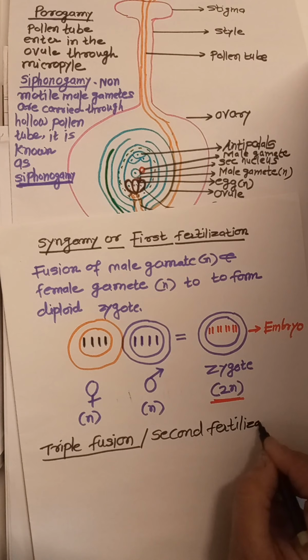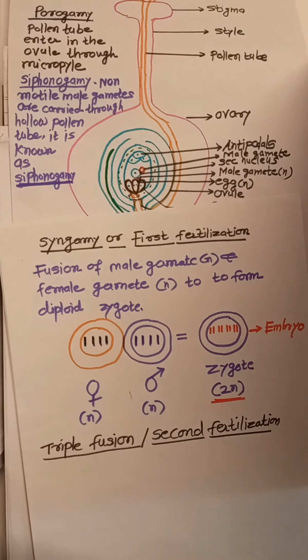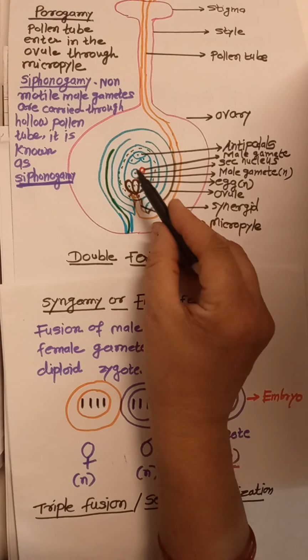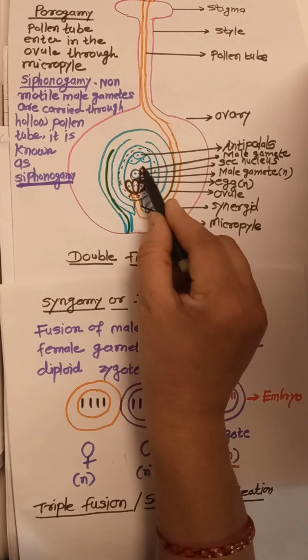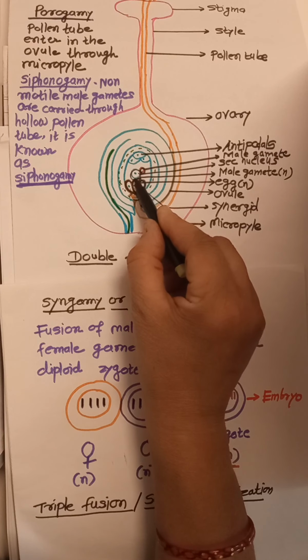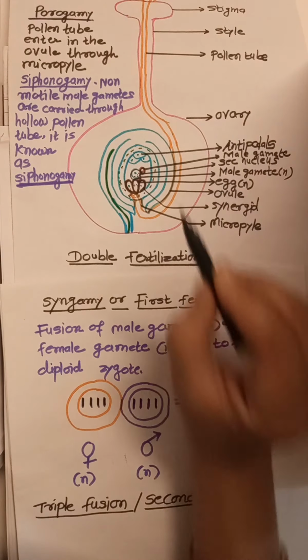See in the diagram, this is the secondary nucleus and this is the male gamete. Fusion of the secondary nucleus and the second male gamete is called triple fusion.